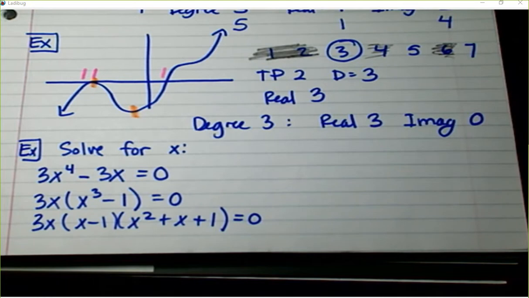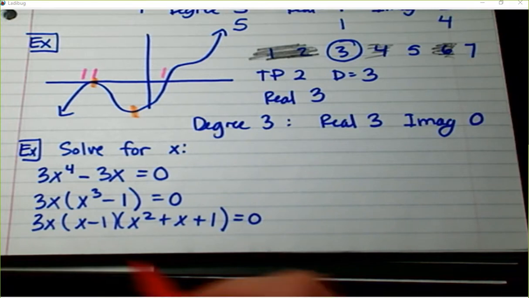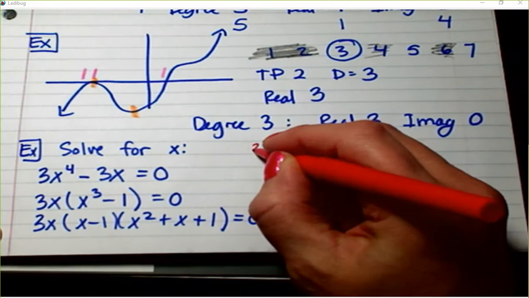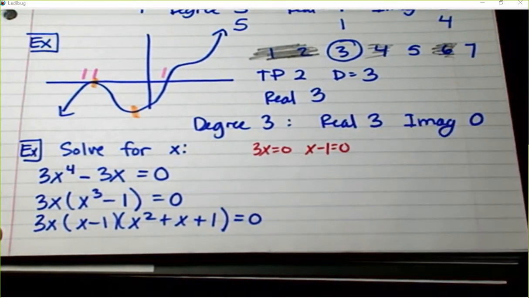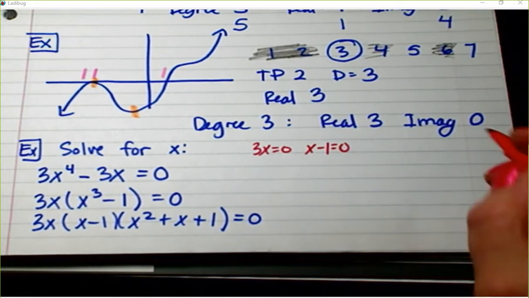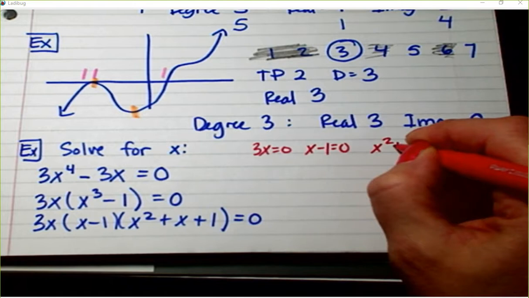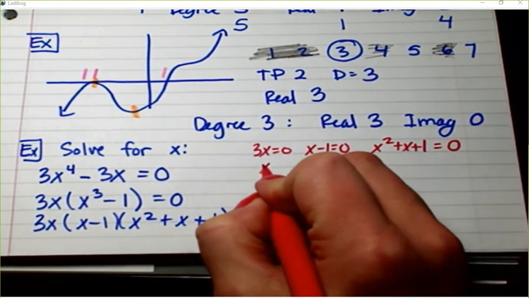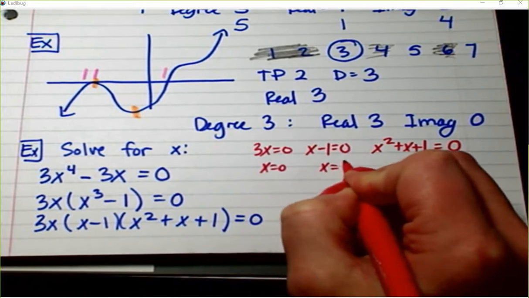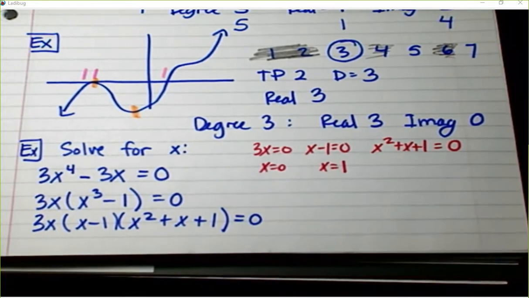Okay, so now I'm going to switch colors because this is like phase 2. I'm going to set each factor to 0, because that's how you solve by factoring: once you factor, you take each factor to 0. So the first 2 are pretty reasonable. Got 0 and 1.